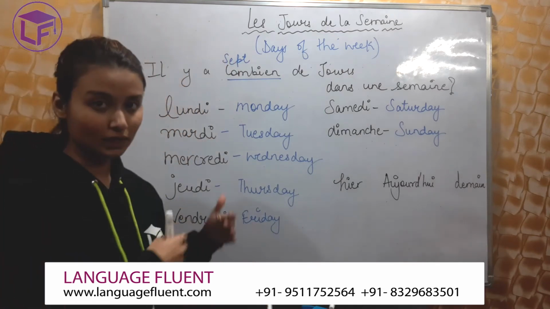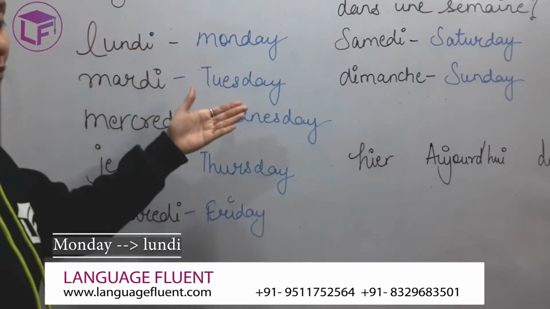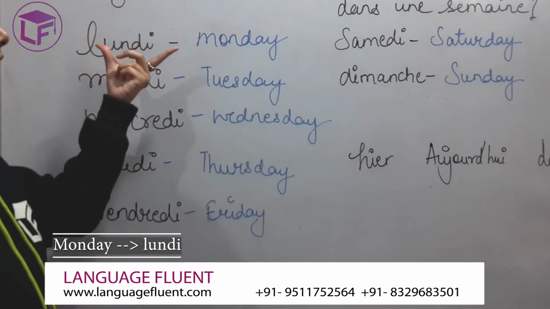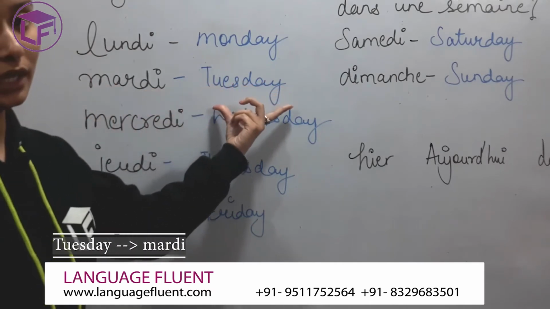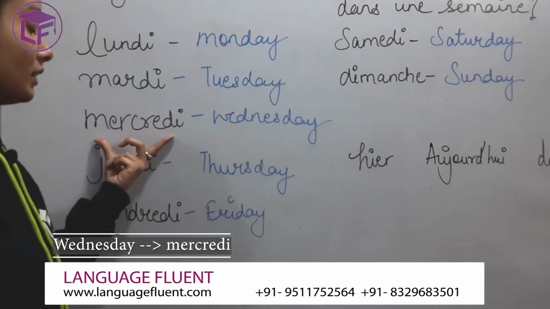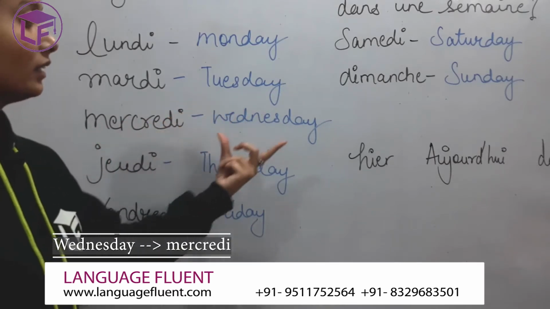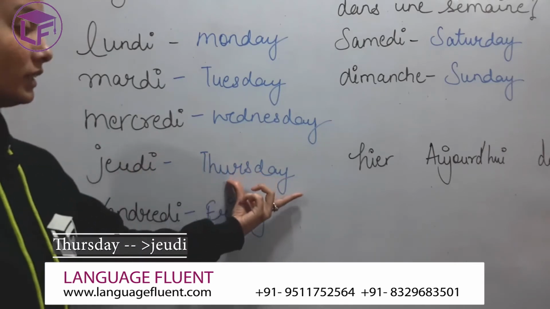So let's begin with the days of the week, one by one. First, we will have Monday, of course, that is lundi. Lundi, that is Monday. Mardi, that is Tuesday. Mercredi, Wednesday. Jeudi, Thursday.